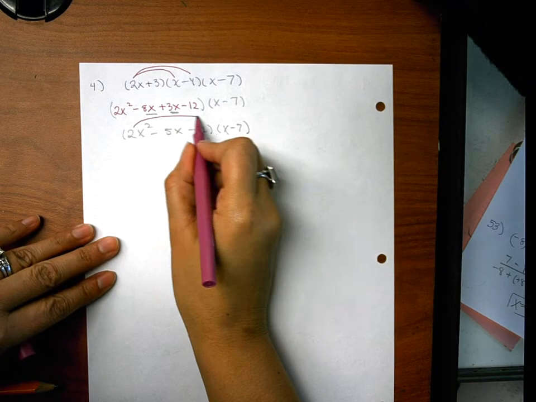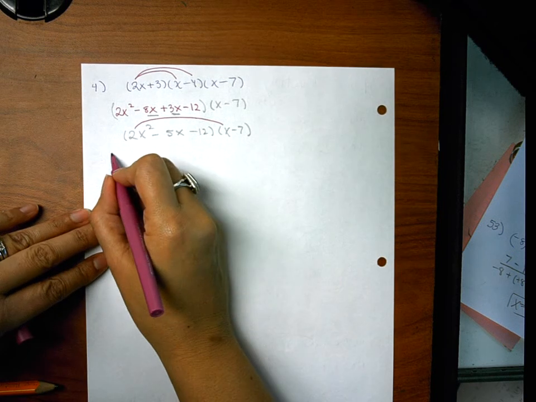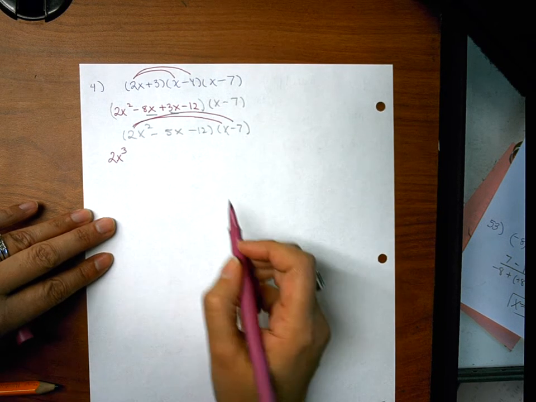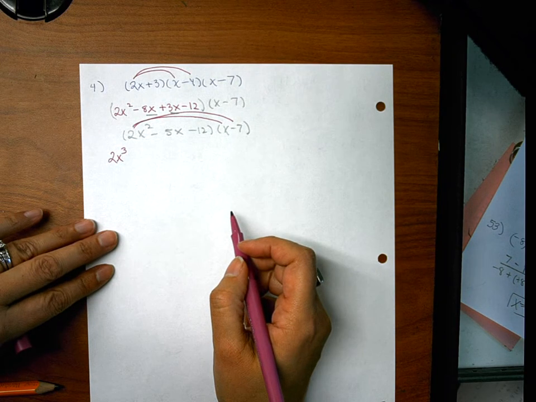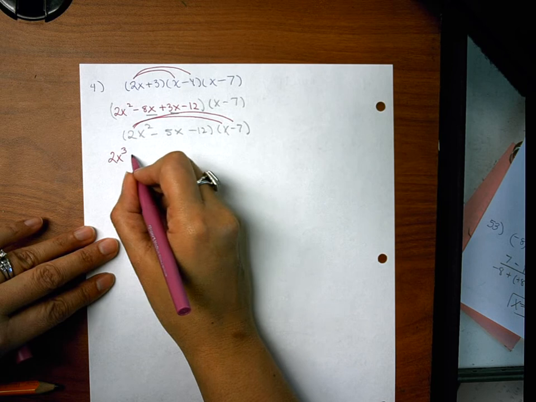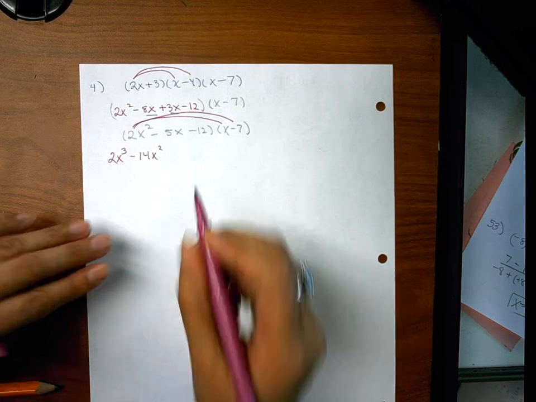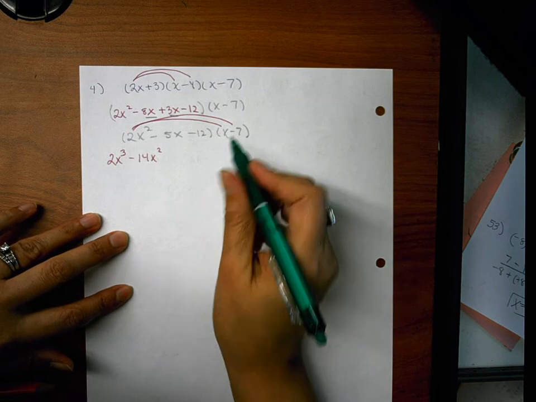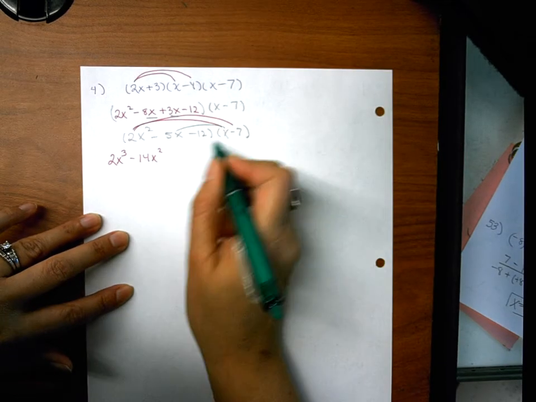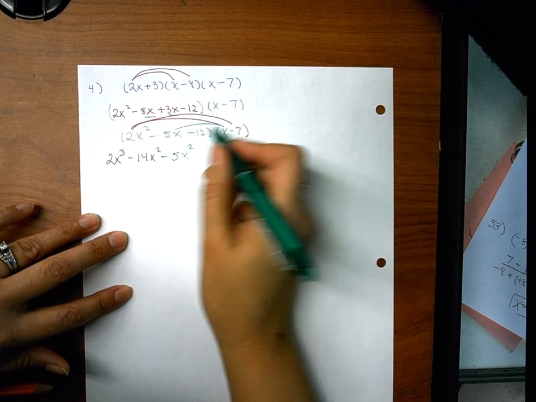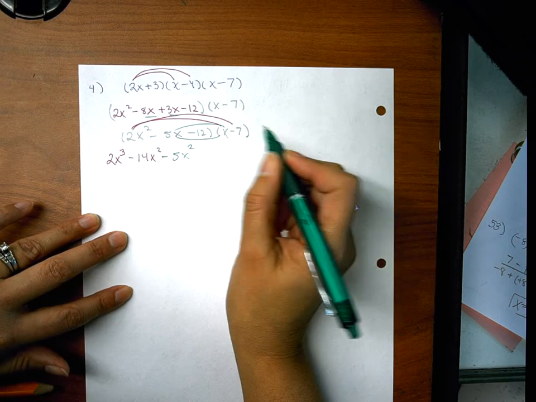and work it out. Okay, 2x squared times x is 2x to the third. 2x squared times negative 7 is negative 14x squared. Now I'm going to do the negative 5x. Negative 5x times x is negative 5x squared.